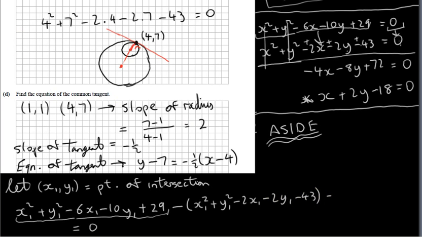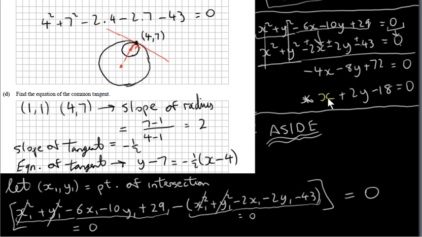I won't put equals 0. I'll just say that this bit is equal to 0 because the point of intersection is on this circle. So this has to work out to 0. So we have 0 minus 0, so the whole thing is 0. So we see that the point of intersection satisfies all of this equation if we put all of this equal to 0. But of course these cancel out.